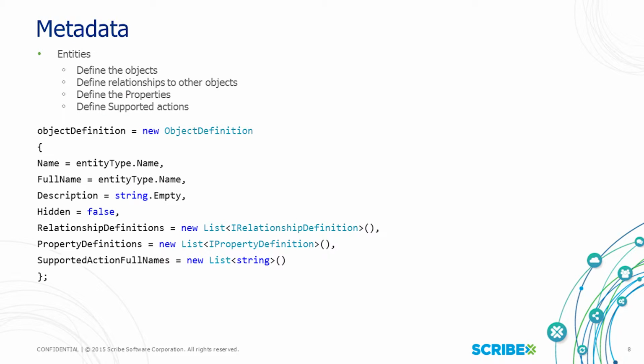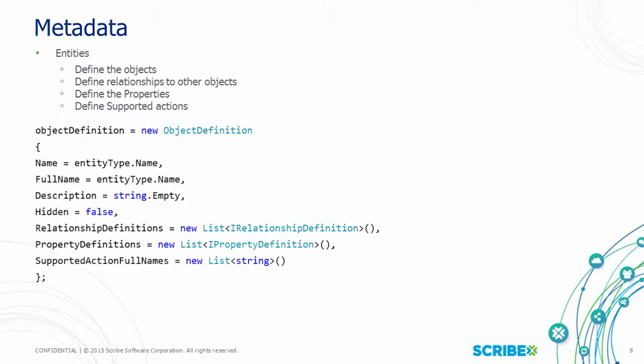Here you're going to be filling in the blanks with a metadata provider, and you're going to be sending back objects to Scribe Online in the form of what we call entities or object definitions. The object definitions will define your objects that you want to expose in the API. It will also expose the fields within those objects and any relationships associated with them.